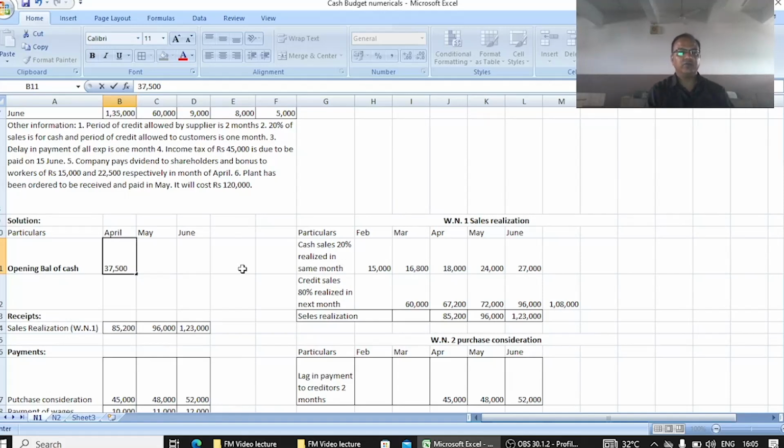Let's take the help of calculator. 37 plus 85 is equal to 122,500.